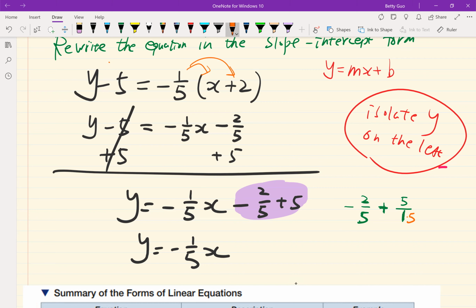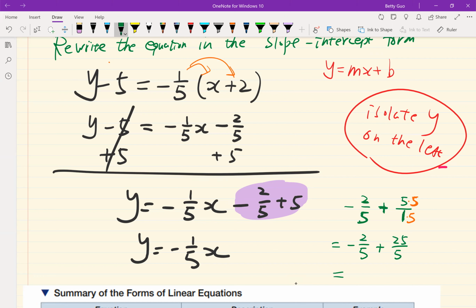We want both fractions to have denominators 5, right? The first fraction is already there, done. The second fraction, denominator is 1. We want it to be 5, so we multiply by 5. But we do not just multiply the denominator by 5. We have to do the same thing to the numerator. Okay, let's see what we have after this. We have -2/5 plus, what's 5 times 5? 25/5, right?